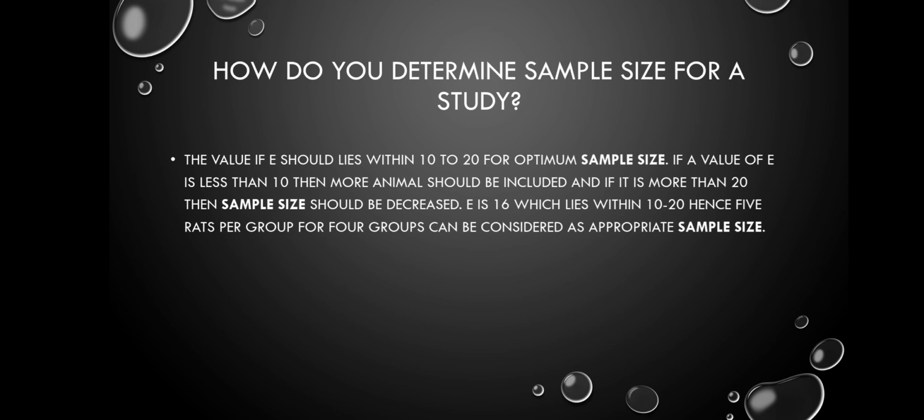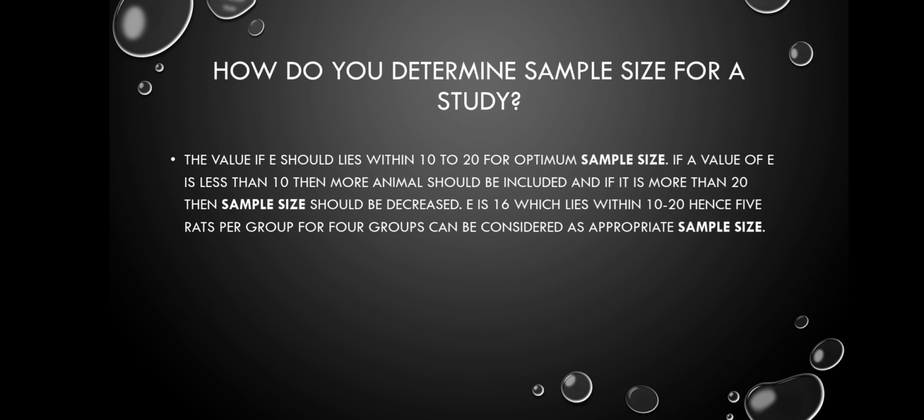So, how do you determine the sample size for a study? I am going to explain here with examples. If the value of E lies within 10 to 20, it is the optimum sample size. If the value of E is less than 10, then more animals should be included, and if it is more than 20, then the sample size should be decreased.